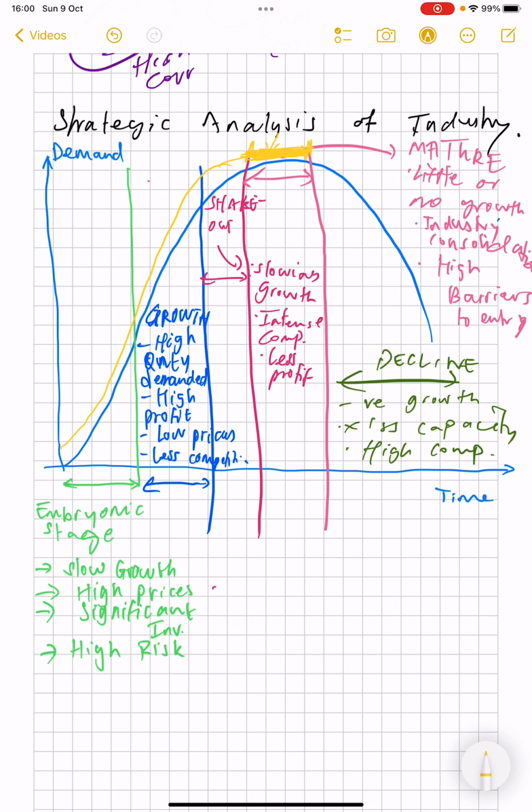This is the stage whereby it's going to be prone to advances in technology and research to stay in the mature phase. All right. This is the introduction to the strategic analysis of the demand versus time curve.